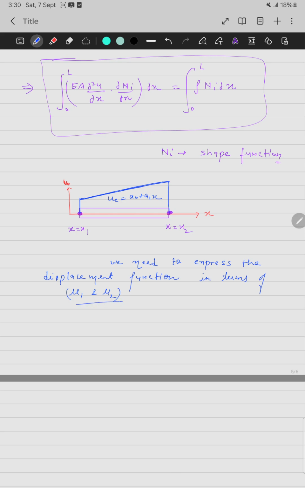What are these u1 and u2? u1 is basically the displacement at x1 and u2 is the displacement at x2.